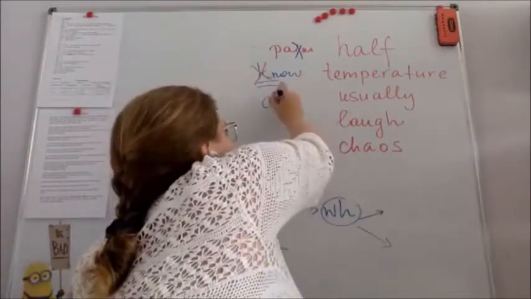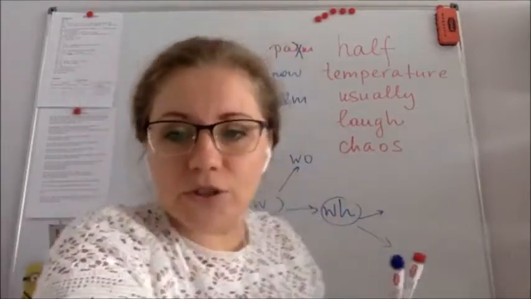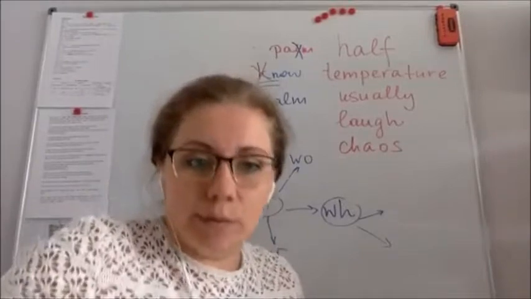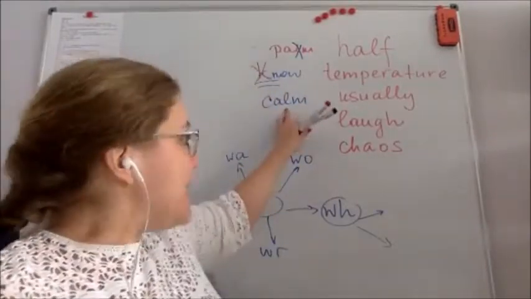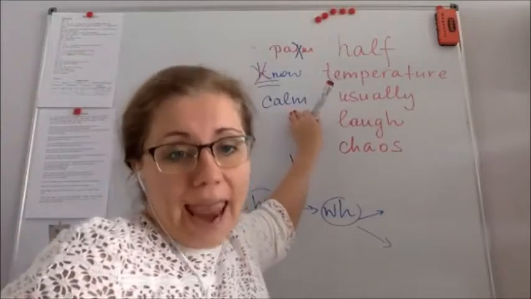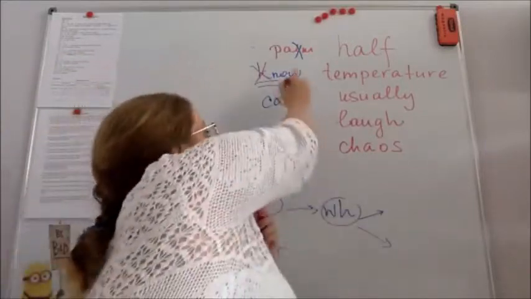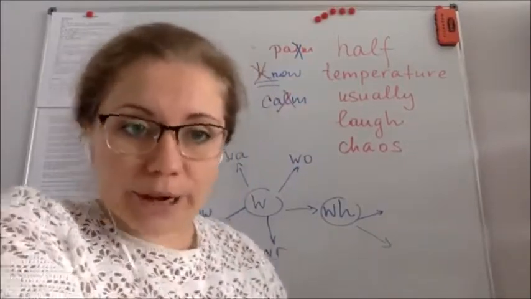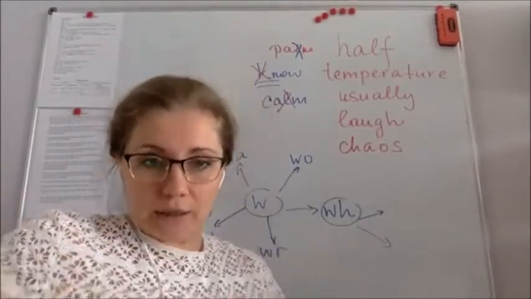And another word which I correct very often, so everybody tries to say calm. No, it is a small rule of English spelling that if L goes before M, we don't usually pronounce it. So we say calm. Are you calm right now? Are you nervous? So don't make this mistake.